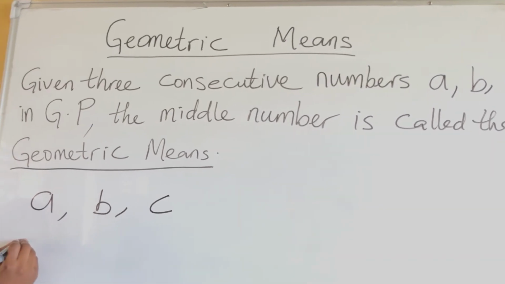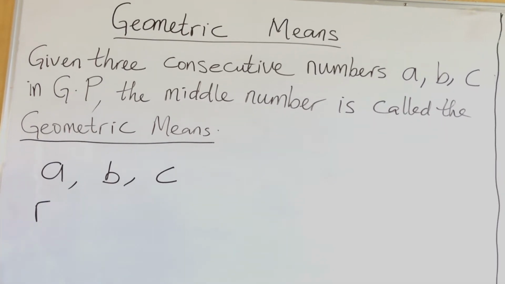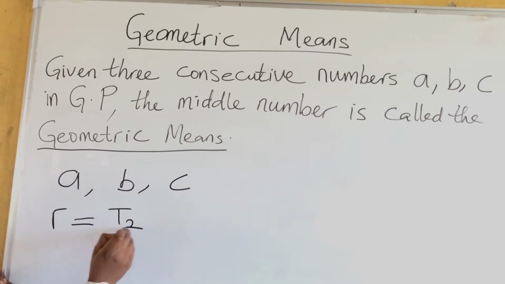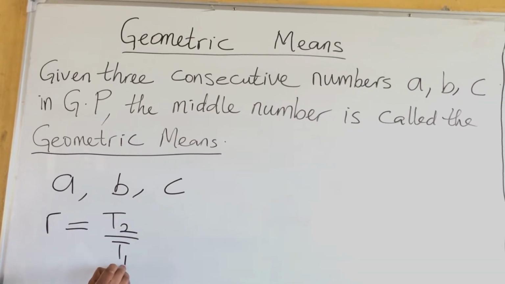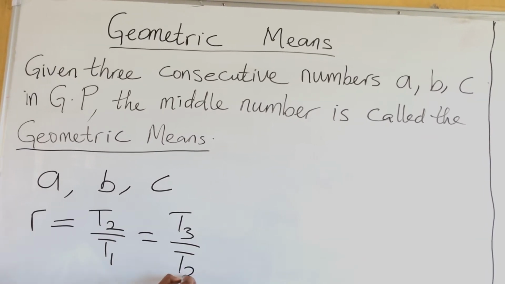Now, in GP, we need to find the common ratio. To find the common ratio, it will be the second term divided by the first term, which is equal to the third term divided by the second term.